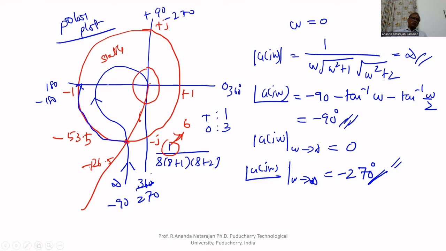That's why without increasing gain, if you increase the phase shift by 53.5, the system will be on the verge of instability. If the plot passes through minus 1, it is on the verge of instability. If it is passing before minus 1, it is stable. If it is passing after minus 1, it is unstable. So this point will reach minus 1 without increasing gain.